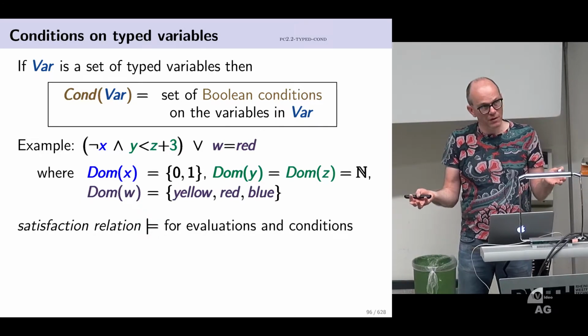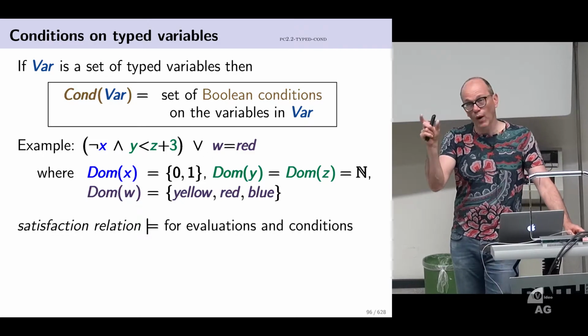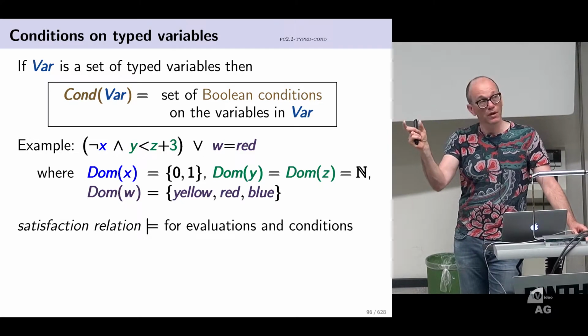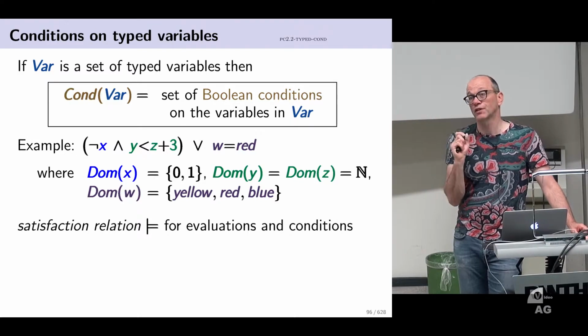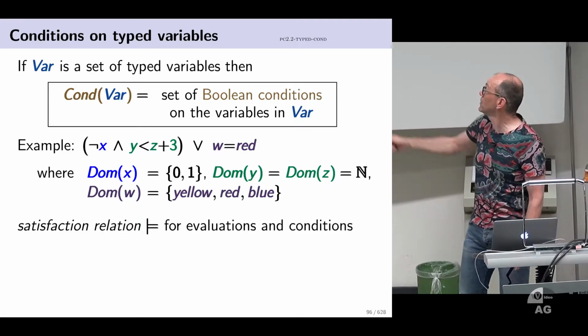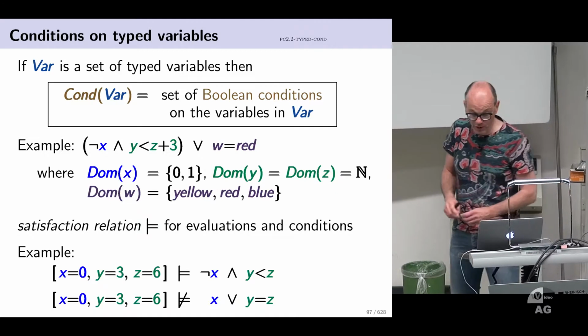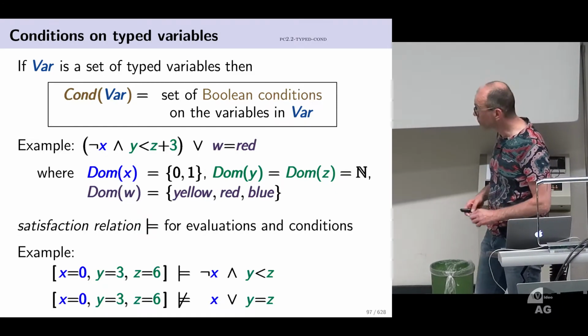What does that mean? Remember my example? I had the loop condition that says while x is larger than 0. What am I going to check? I'm going to check whether this guard holds in the current state. And whether it holds in that state is defined mathematically by this relation over here. This is defined as follows. I do this by means of an example.